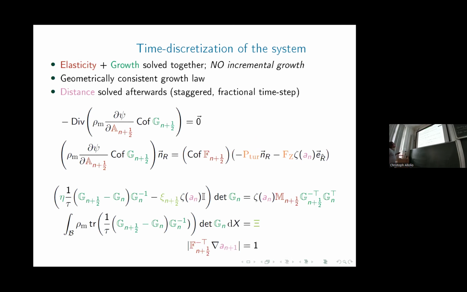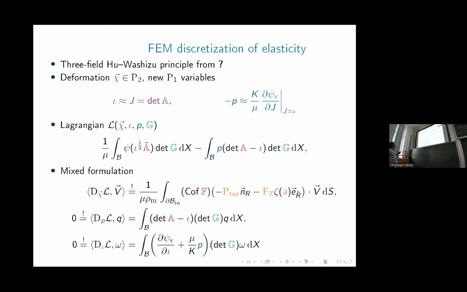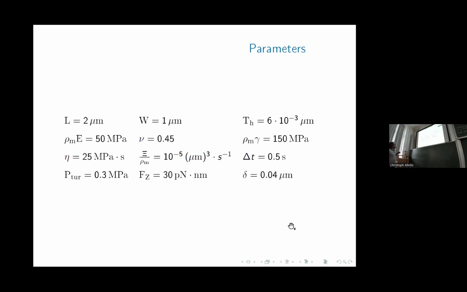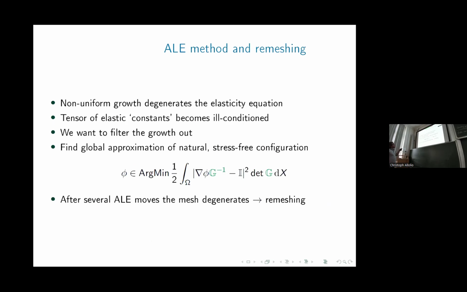Then Patrick came up with this time discretization, which is a staggered scheme, which he learned in Berlin, and we also used a Hubert-Gisow principle for making the discretization a bit better behaved. This is another trick, and we had to use yet another trick.